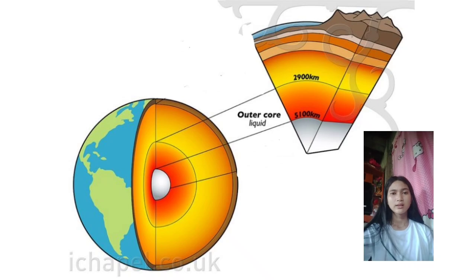This creates and sustains the magnetic field of the entire planet. This magnetic field protects the Earth from solar wind and allows life to exist within the atmosphere. This magnetic field is constantly moving, and this is why the north and south poles also move. In fact, they can move up to 64 kilometers each year.